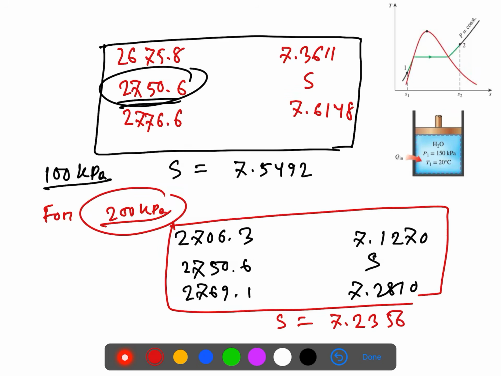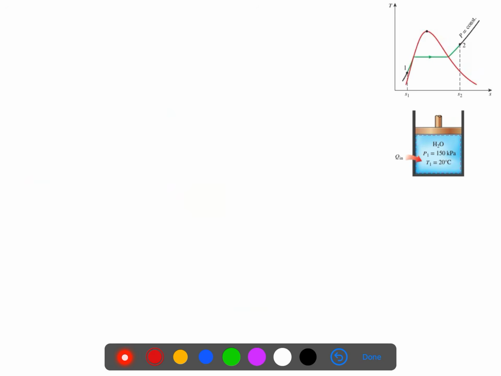So now what do we need to do, guys? For 100 kPa we got this value, and for 200 kPa we got this entropy. Now we need the value for 150 kPa. For 100 kPa the value is, let's say, 7.4549.